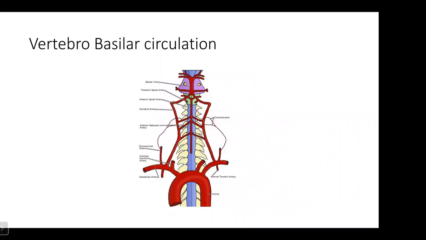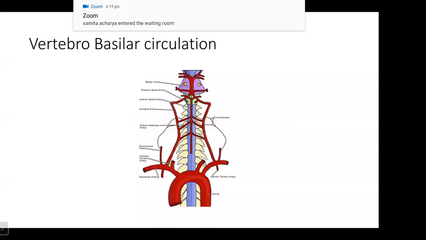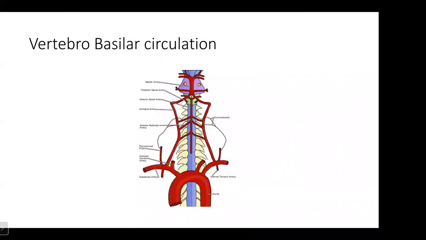This is a picture of the vertebrobasilar circulation. As told previously, these two vertebral arteries ascend through the foramen transversarium, and enter the cranial cavity via the foramen magnum.